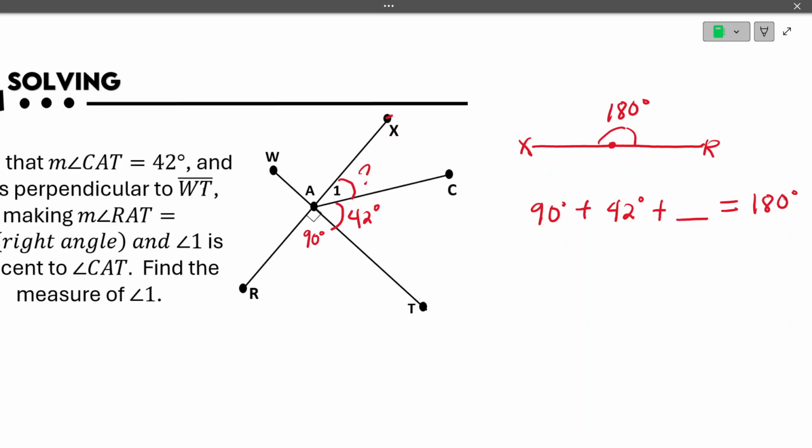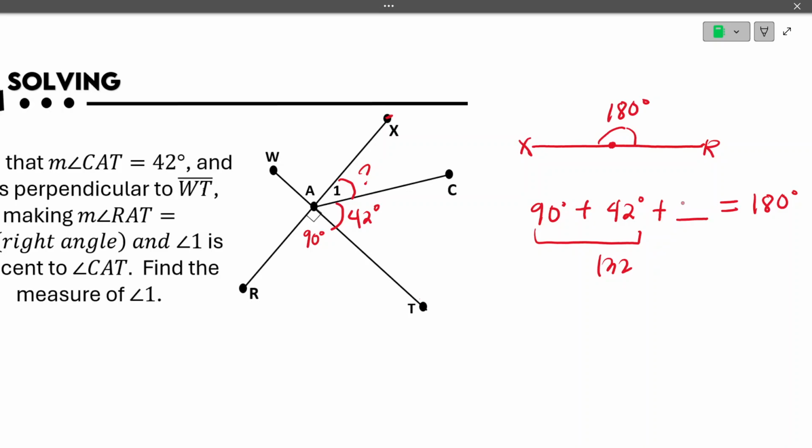So think 90 plus 42. What's the answer for 90 plus 42? 90 plus 42 is, hold on, it's 132. So, the sum is 132.